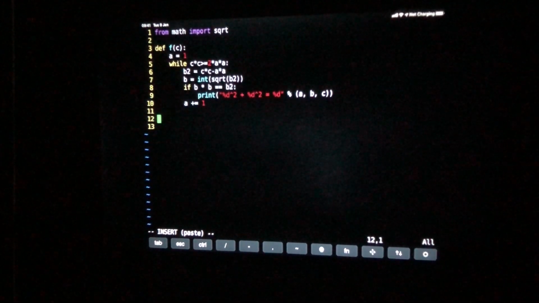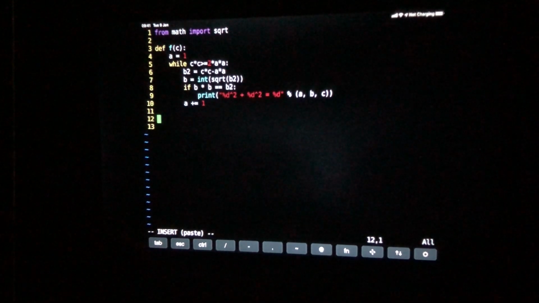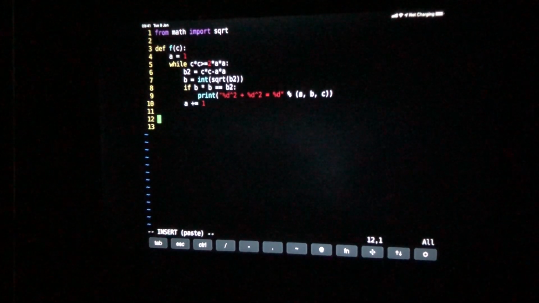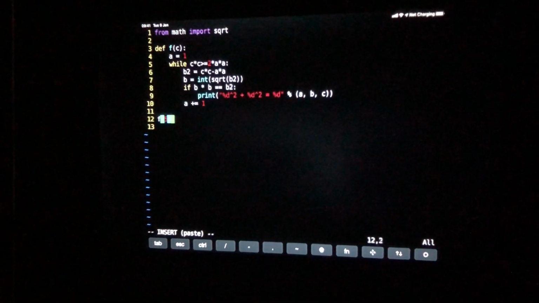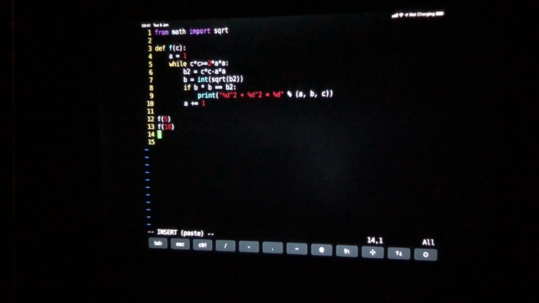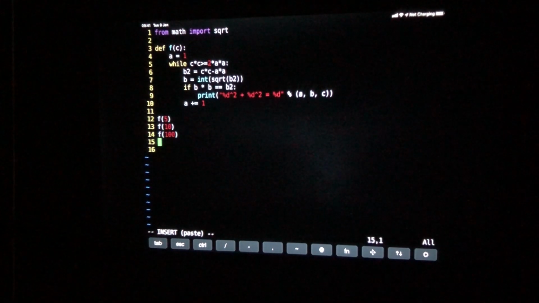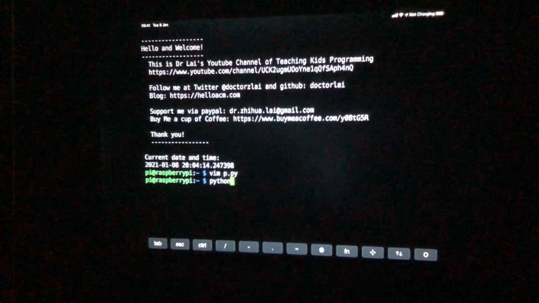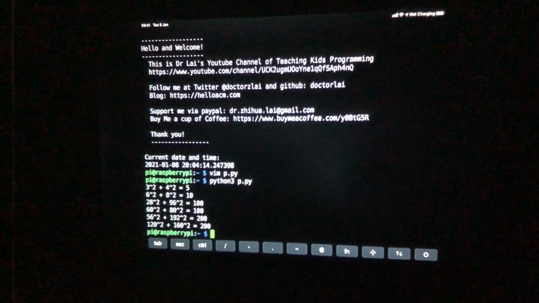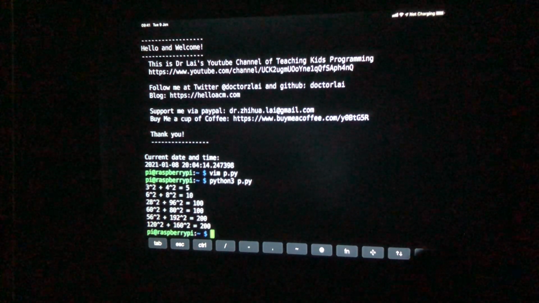So let's try for C of 5, 10, 100, 200. Okay, let's see. 3 square plus 4 square equals 5 square.